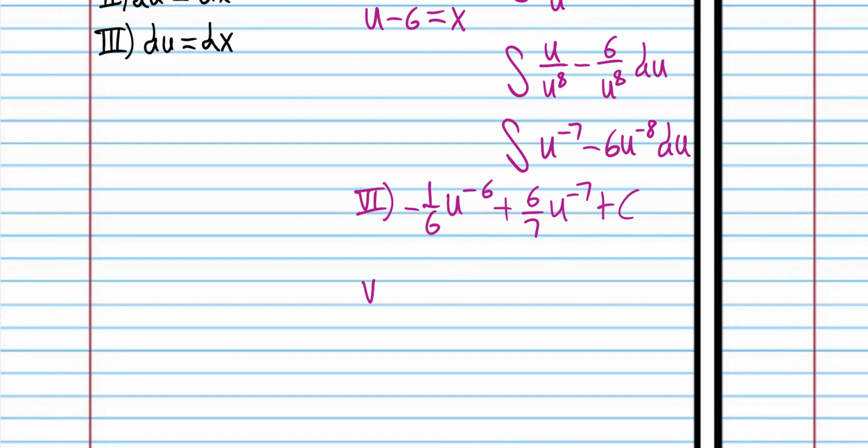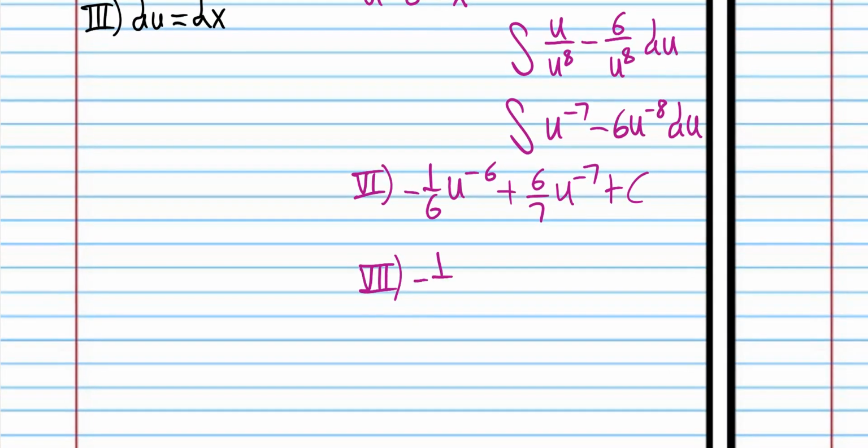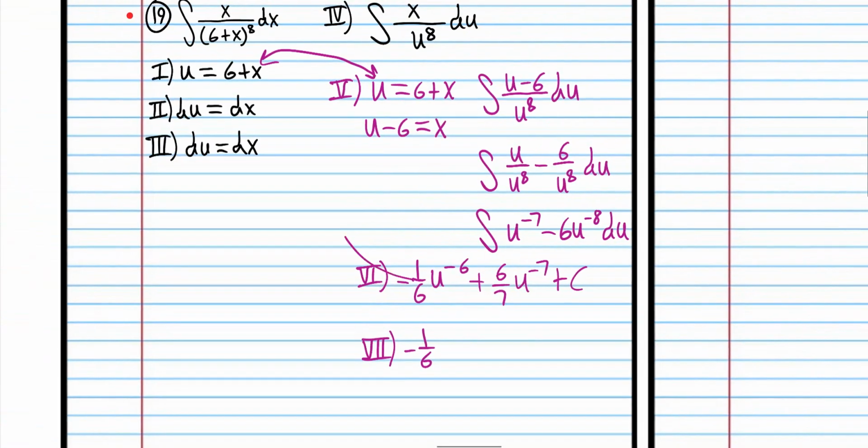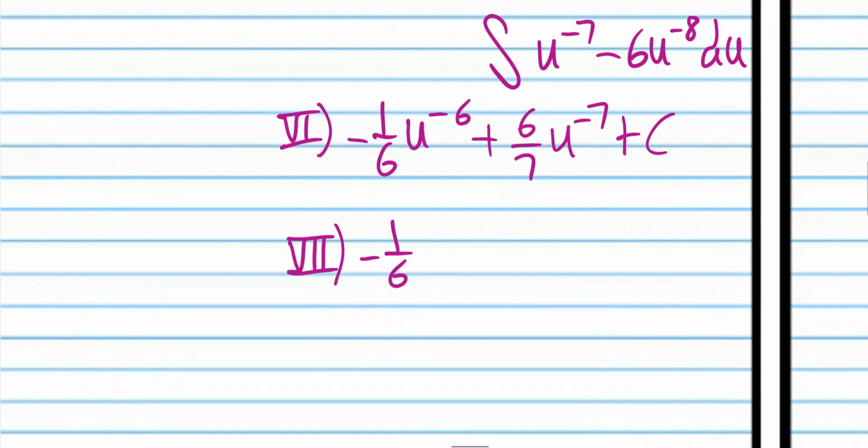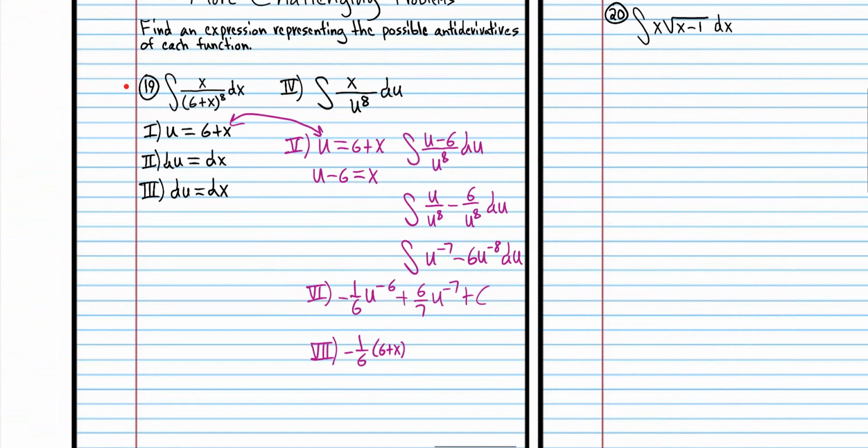Now we're going to go to step number 7, which is we're going to put x's back in there. So what was u? U was 6 plus x. So we have 6 plus x, and by the way, we can go back to the regular color ink. Step 5 was the unusual thing that we had to do there.